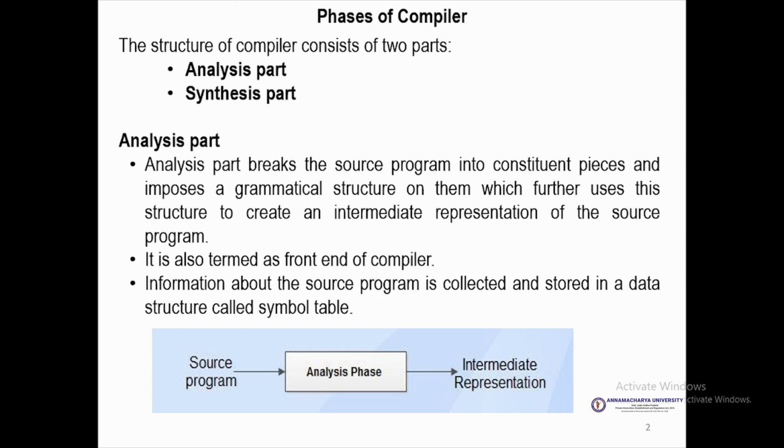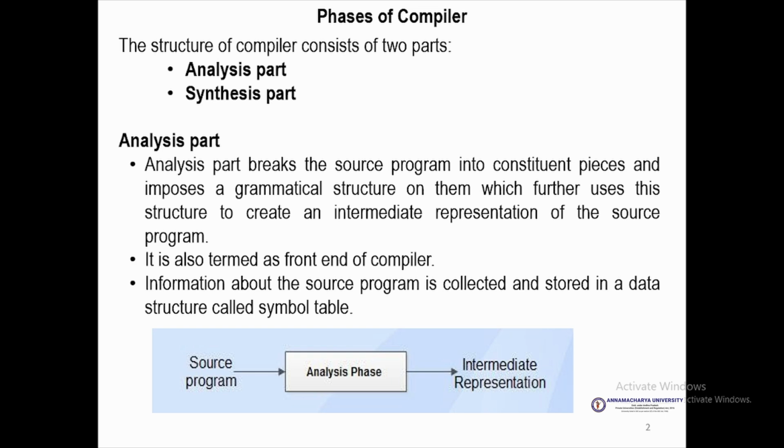The analysis part breaks the source program into constituent pieces and imposes a grammatical structure on them, which it then uses to create an intermediate representation of the source program. It is also termed as the front end of the compiler.